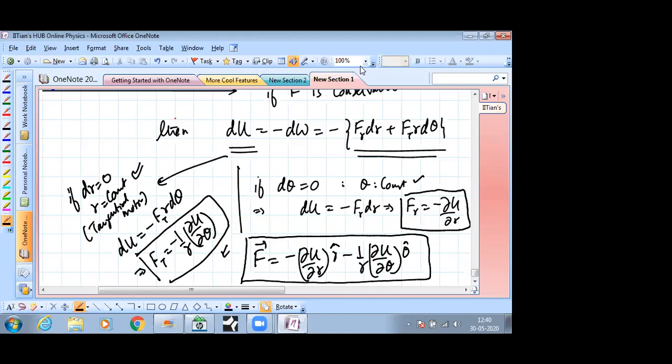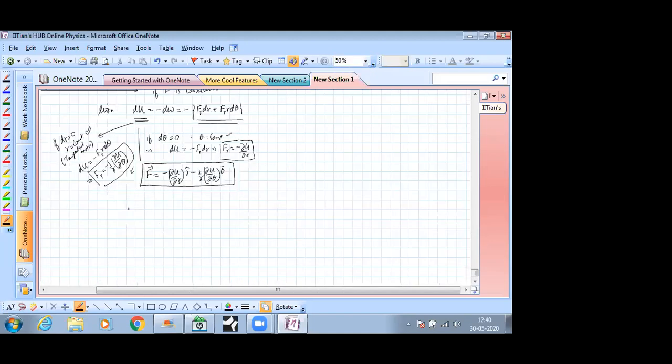Okay, so this is how the gradient operator applies in polar system. In fact, we can say that the force is the negative gradient of potential energy. The potential energy here is a function of r, theta, and the gradient operator is del by del r, r cap, plus 1 by r del by del theta, theta cap.